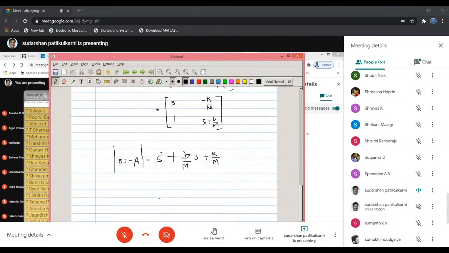but C adjoint of (SI minus A) into B divided by the determinant. D is 0, that is why we are not worried about D in this example.